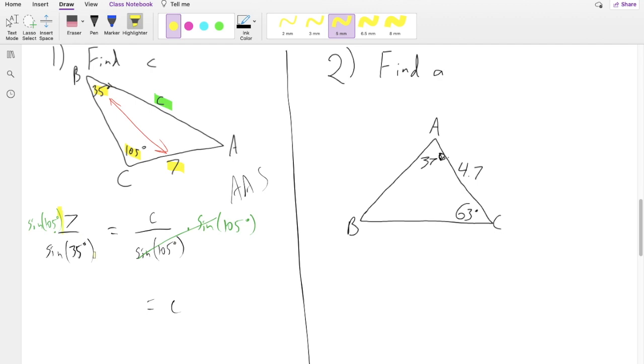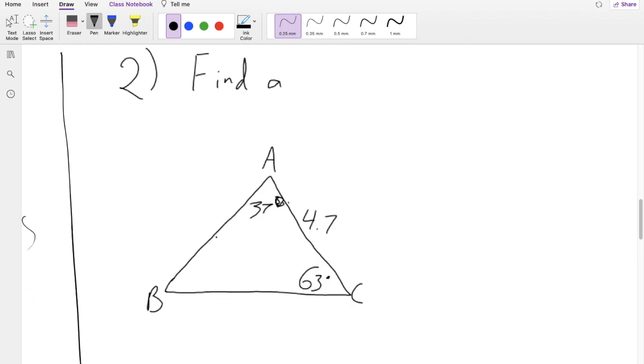It is very important that you close off these parentheses when you are putting this into your calculator. Otherwise, it will not give you the correct answer. That gives me that this side is the length of 11.79, whatever unit this was.